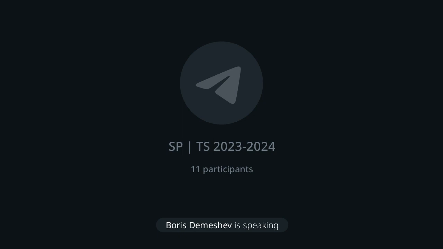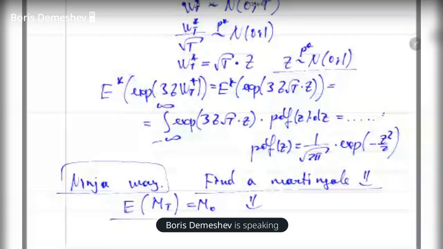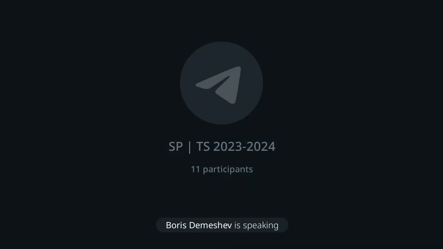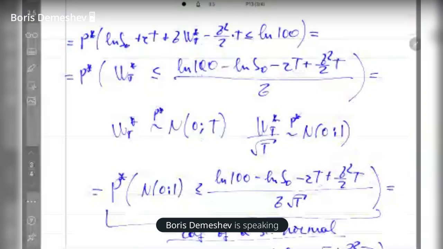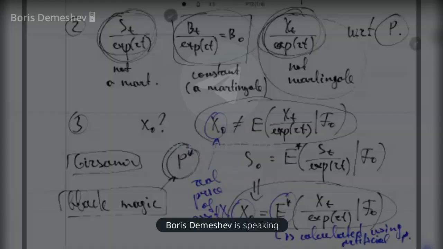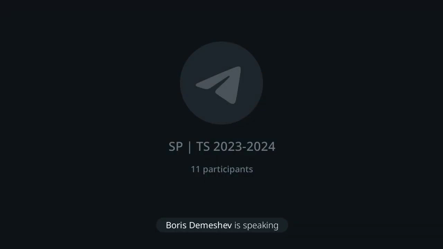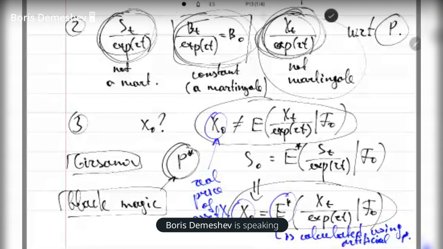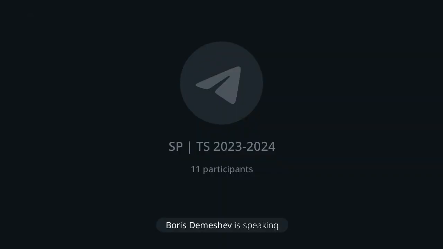Okay, how many martingales do we have? Let's go back. We have our beautiful fact that under P star, all these three guys, discounted share price, discounted bond price, discounted European asset price, are martingales under P star.